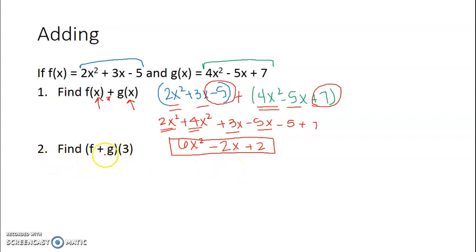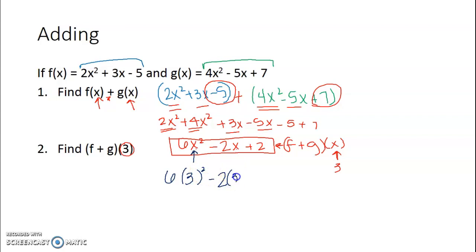On number 2, it says to use this sum, so right here, this is f plus g of x, but instead of an x, I'm going to use a 3 right there. So I want to put a 3 wherever I see an x. So 6, and instead of x squared, I have a 3 squared, so I replaced that x.